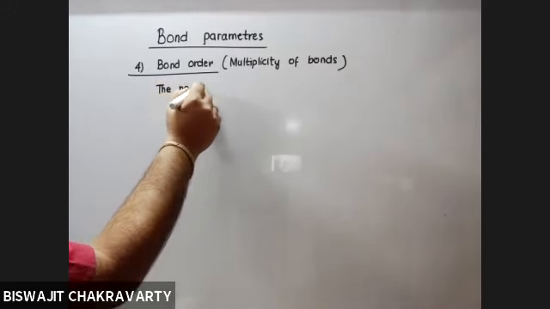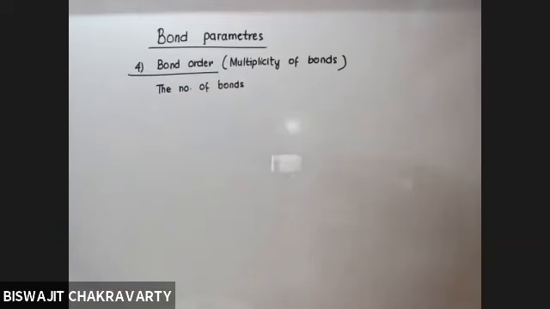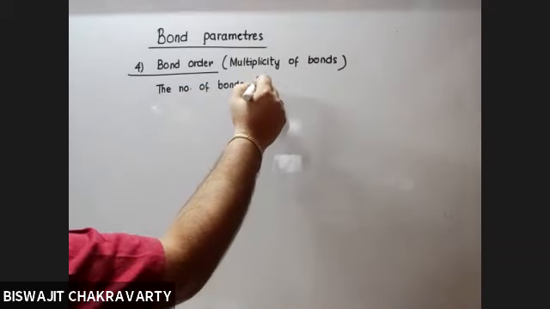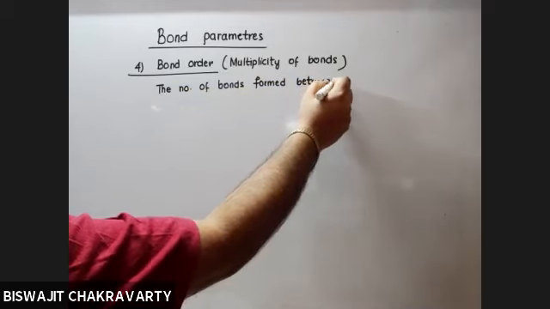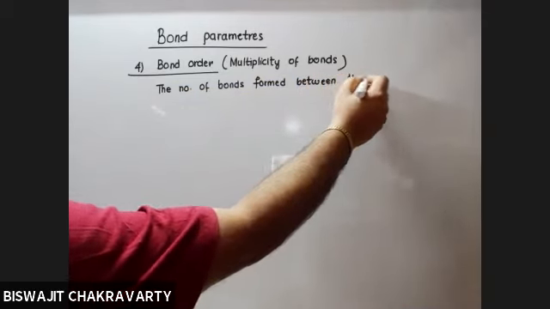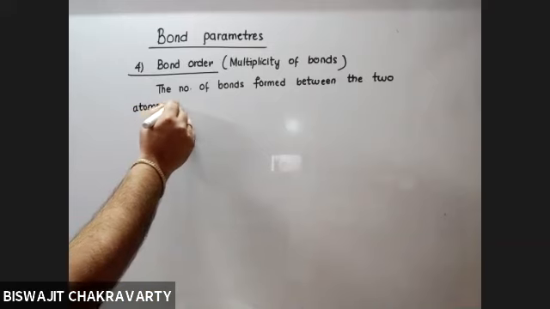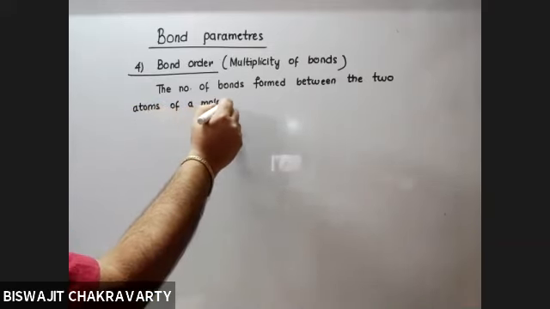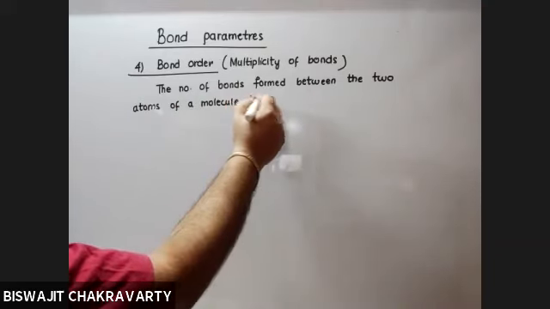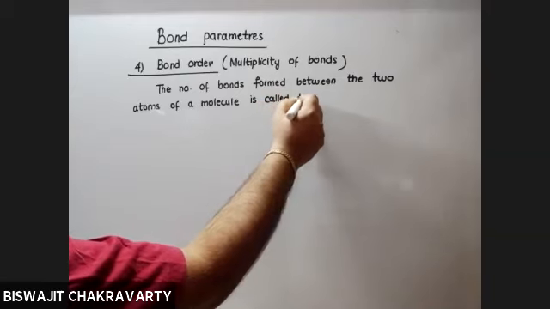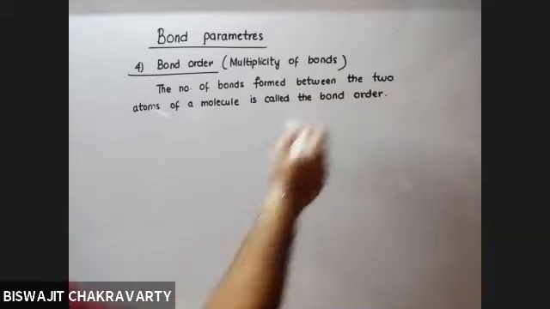The number of bonds formed between the two atoms of a molecule is called the bond order.